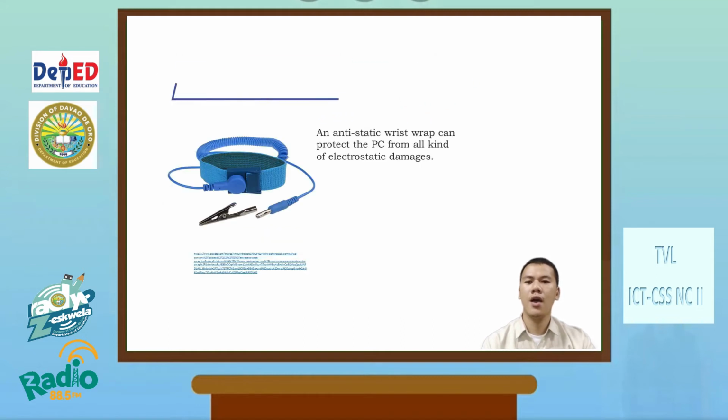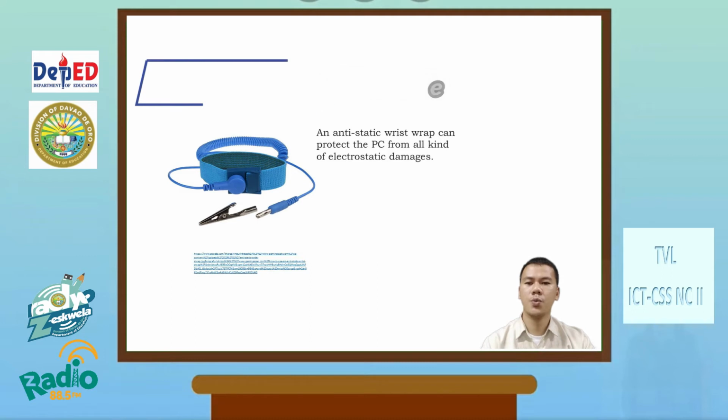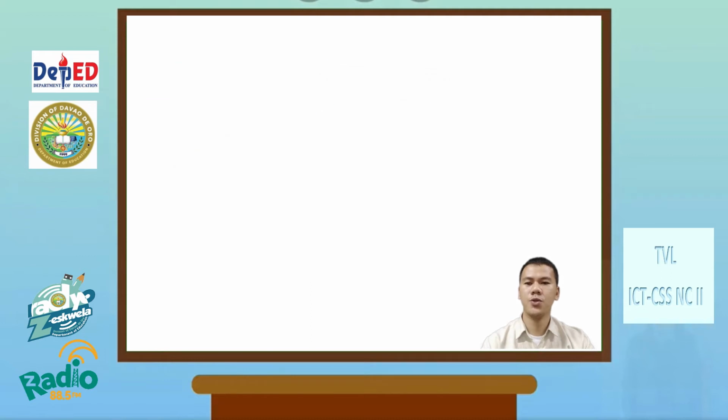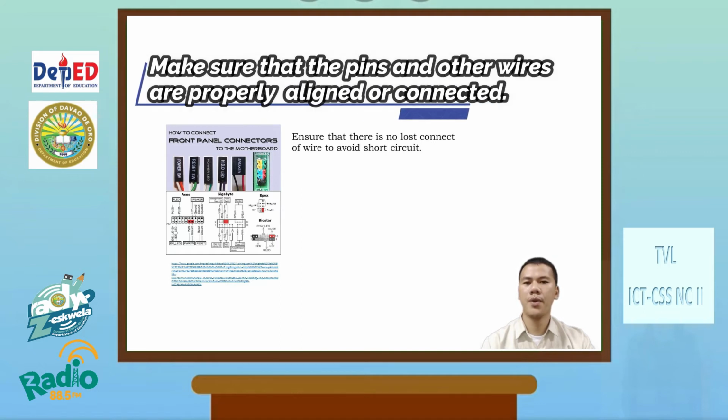I. Always use anti-static device. An anti-static wrist strap can protect the PC from all kinds of electrostatic damage. While working on the PC, the ground of the wrist strap is attached to the computer chassis to protect the computer. J. Make sure that the pins and other wires are properly aligned or connected.